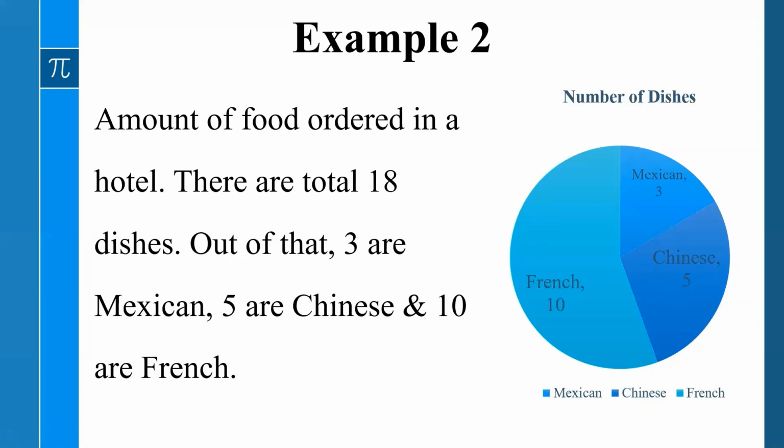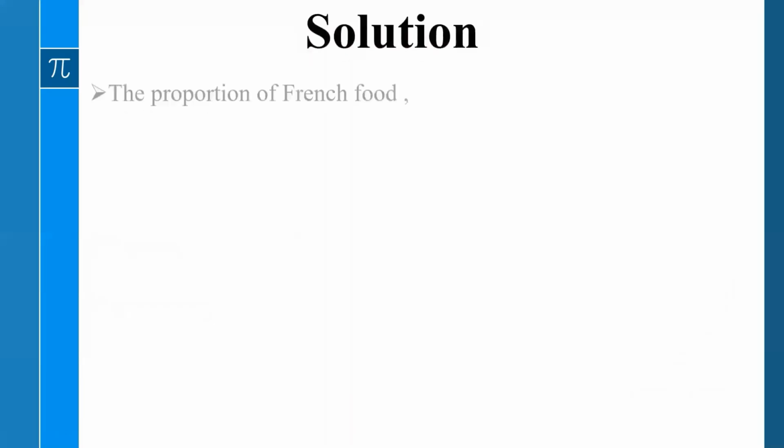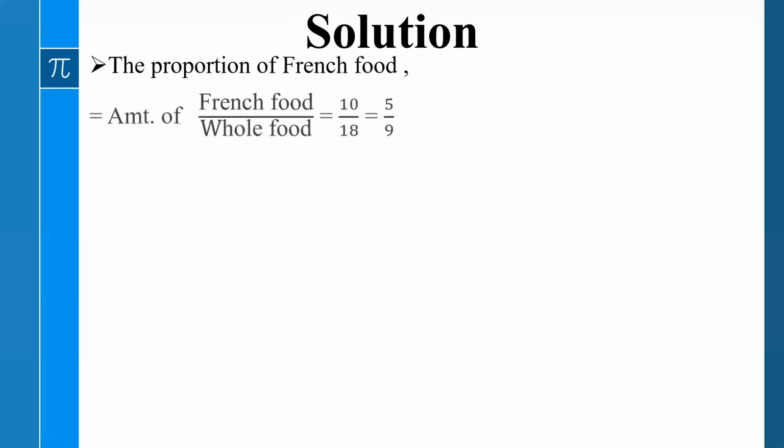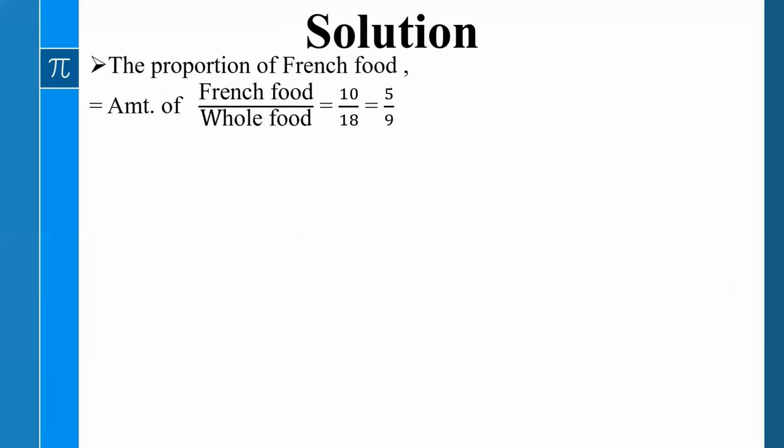For that, we need to carry out some calculation. The proportion of French food we will find by dividing the part of French food by the whole food. That is, the part of French food was 10 and the total number of dishes was 18. So the part of French food out of the total will be 5 upon 9.